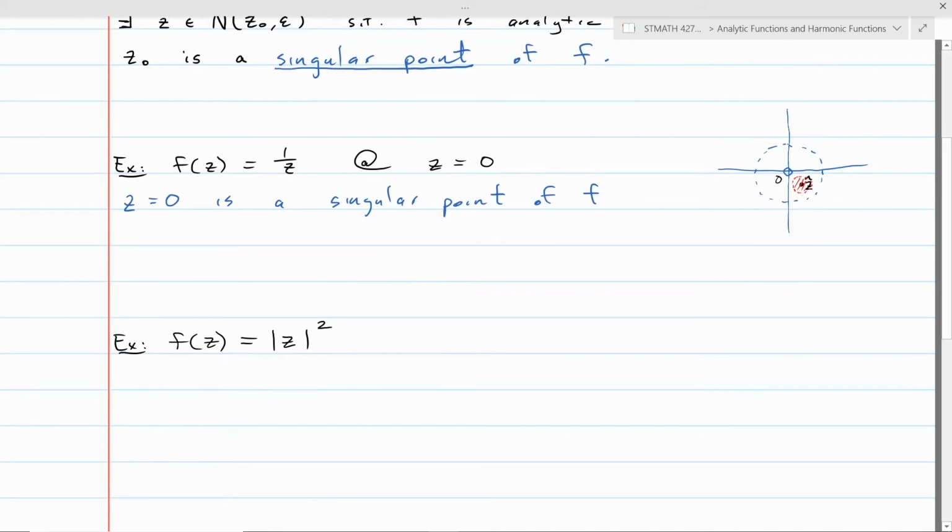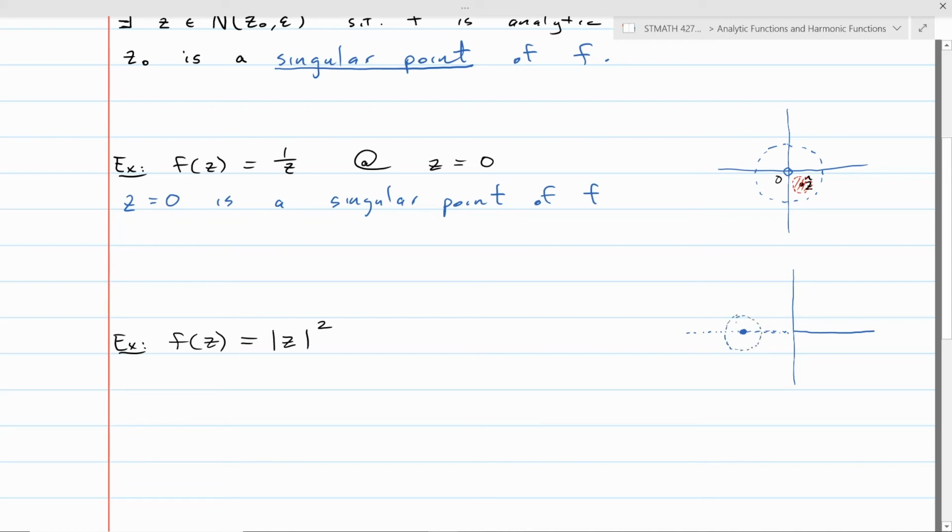There can be situations we'll see later where maybe the function isn't defined, or is really bad, along this dotted line here. You might take some point on that dotted line, where the function's badly behaved at all the points on the line, and it's not analytic at that point because maybe it's not differentiable there. You can't just draw a blob around it, like a deleted neighborhood.